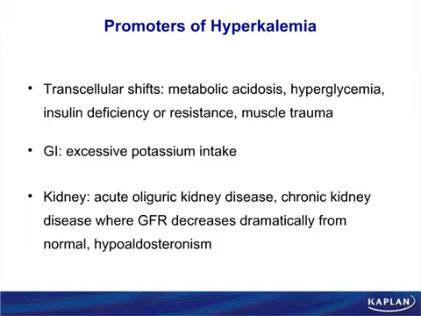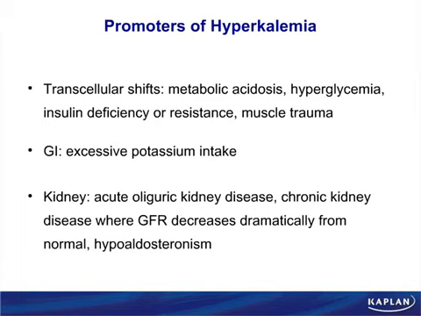Now, kidneys. Renal failure, whether it's acute, whether it's chronic. Whenever there's a decrease in GFR, you can get hyperkalemia. Low aldosterone states. Aldosterone is necessary for normal renal secretion and excretion of potassium. So, very important to understand.